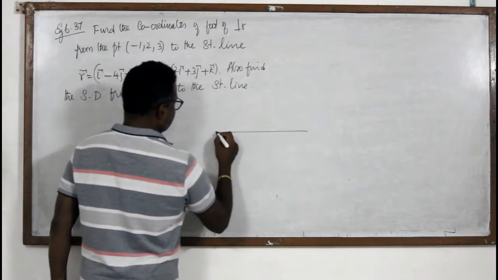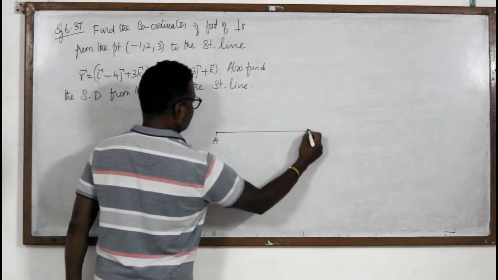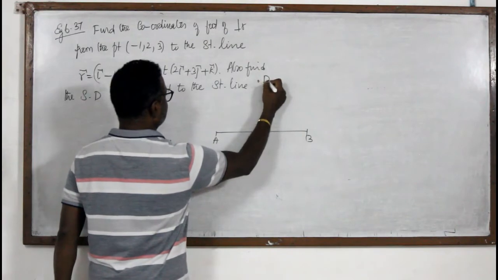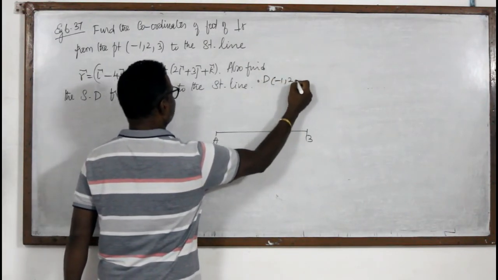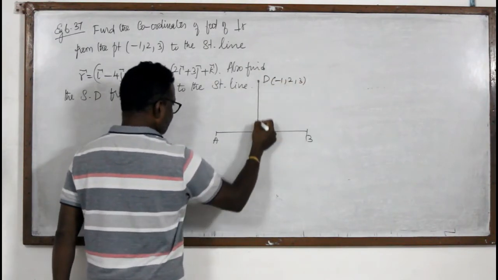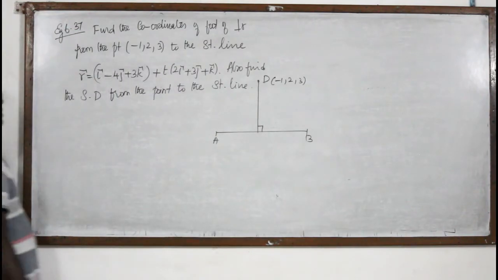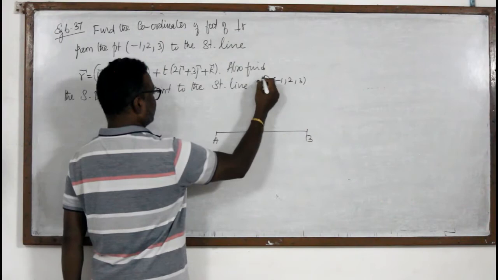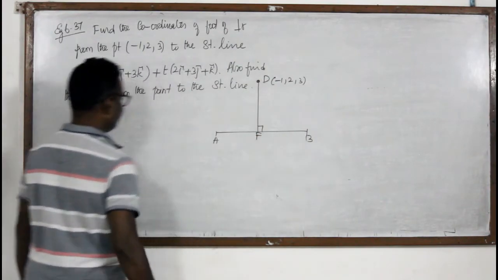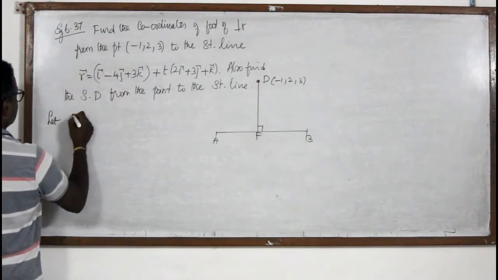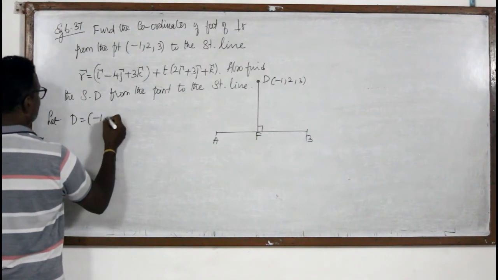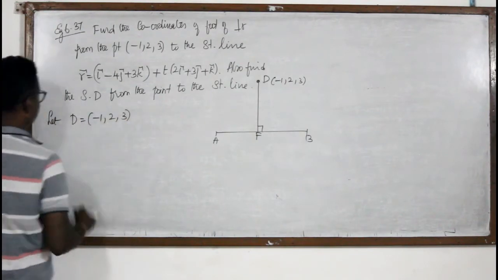Now we shall take the line AB as this. D is a point, that is (minus 1, 2, 3). From this point, a perpendicular is drawn; that is called the perpendicular. We shall call that foot point F. Let D equal minus 1, 2, 3.